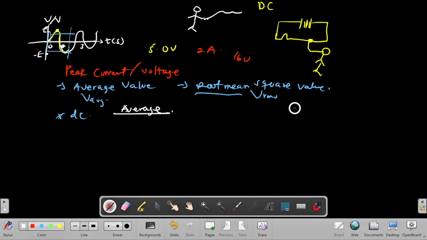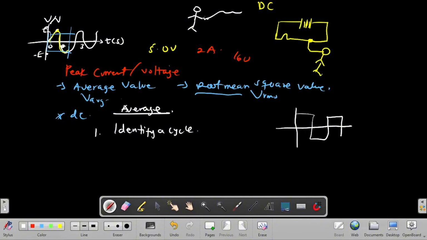To understand the average value, let me use the model I have here. First of all, you identify a cycle. I'm going to draw a rectangular waveform for us to use.